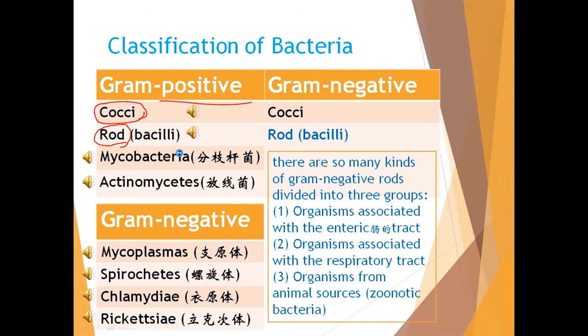The first one produces that special catalase. The second one doesn't have it. So that's how we separate them. And that's the shape here.